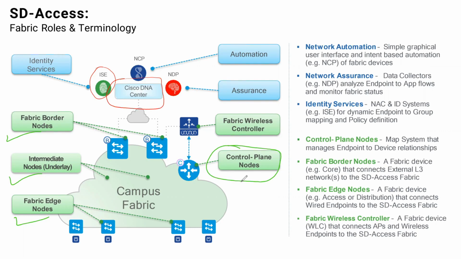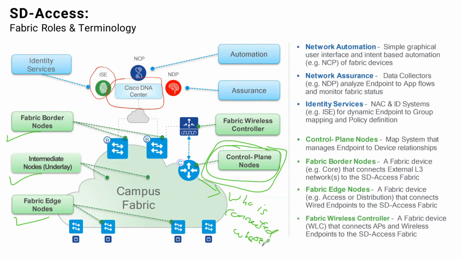In SD-Access, you have a dedicated node, the control plane node, which is the brain, you can say, which actually has the information about who is connected where. So he is the vSmart of this thing, right? He has all the information there. Right, exactly.